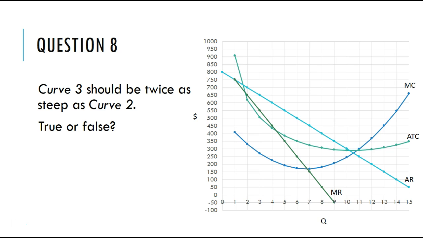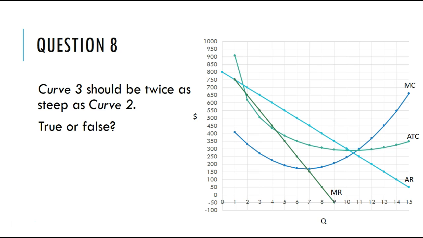Question 8. Curve 3 should be twice as steep as curve 2. Curve 3, the marginal revenue curve, should be twice as steep as the average revenue curve. That is true. In order to demonstrate that that's the case, we could do it 2 ways. One is by means of an Excel spreadsheet, and you can do that yourself, and you'll be able to see that.